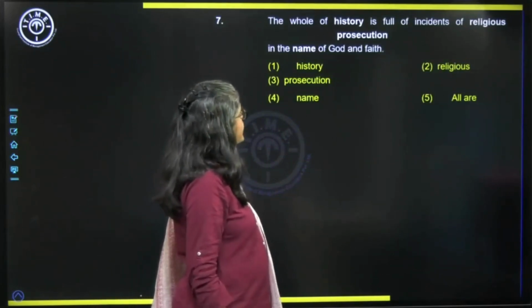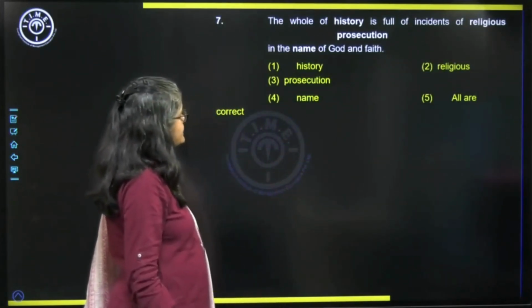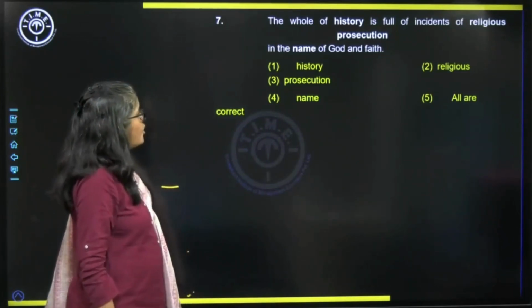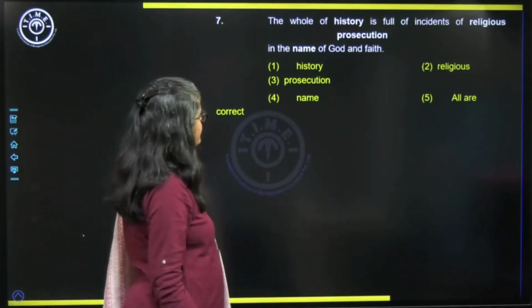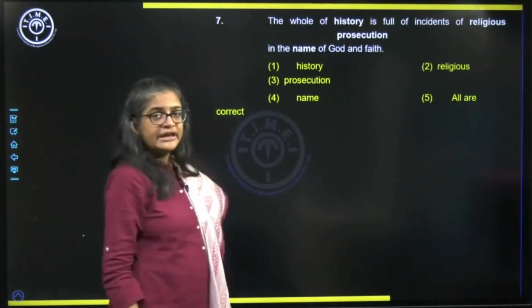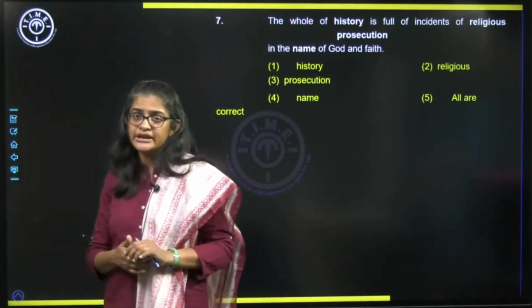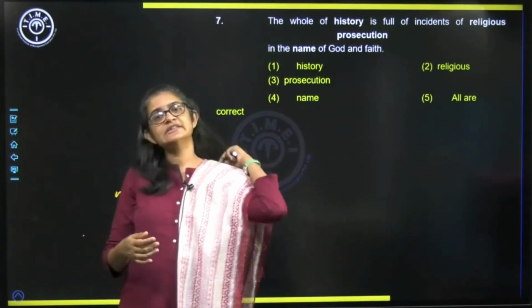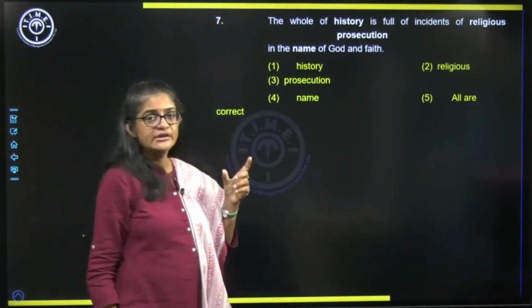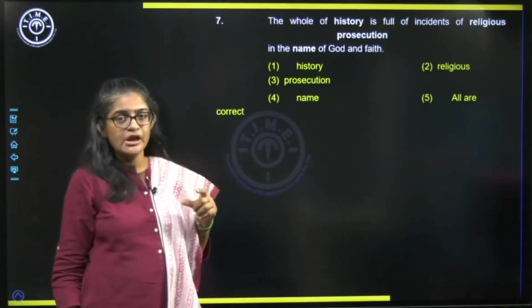The whole of history is full of incidents of religious prosecution in the name of God and faith. History, religious, prosecution, name, all are correct. It may sound correct to you, but the sentence clearly states religious prosecution.